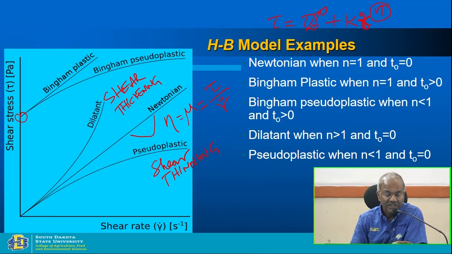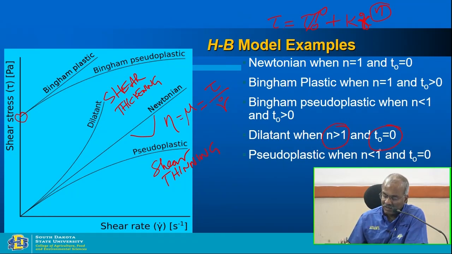Make sense? And then for the dilatant fluid, N will be greater than 1 and yield stress is 0, right? There is no yield stress for this dilatant, but N will be greater than 1.